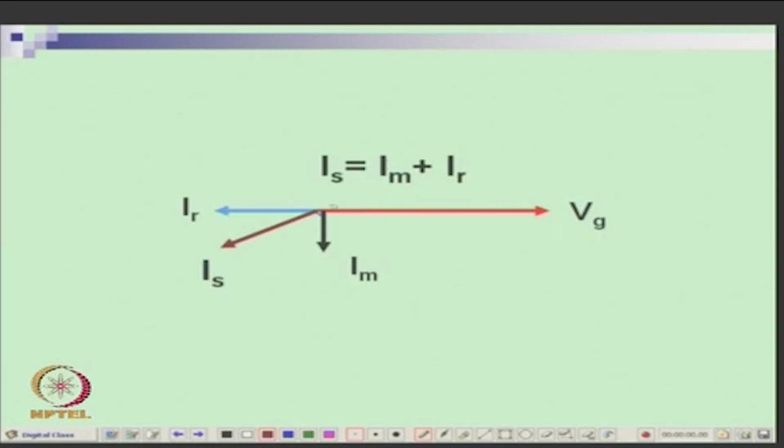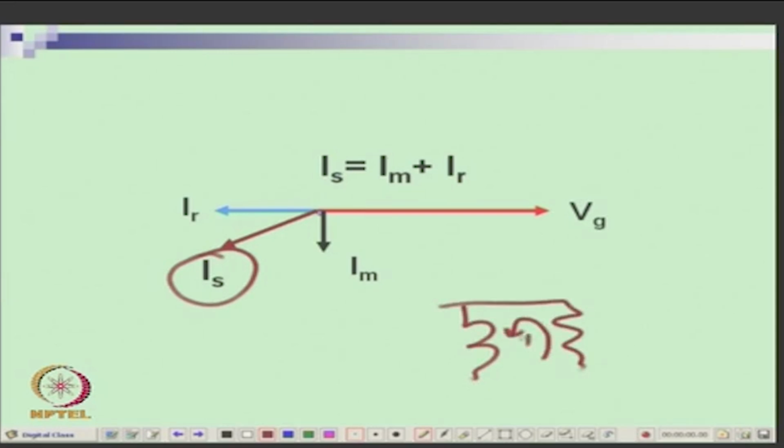Now, then Is will be Im plus IR, is it not? Now, what will be Is? Is will be Im plus IR, and here is Is. Is it clear? I just take a sum of these two currents, whatever the rotor, because we have this circuit.